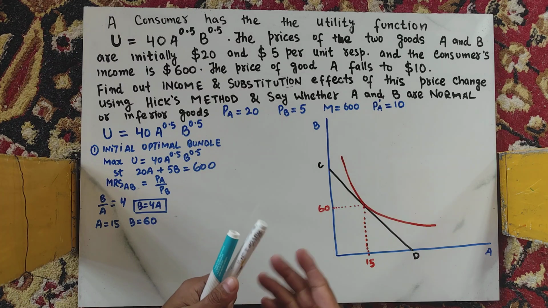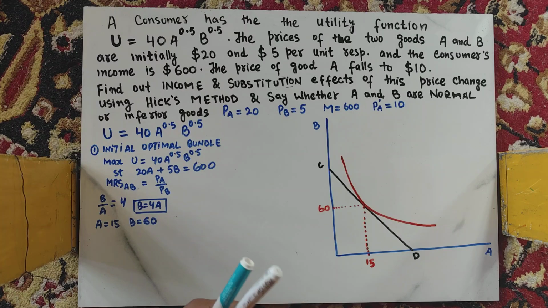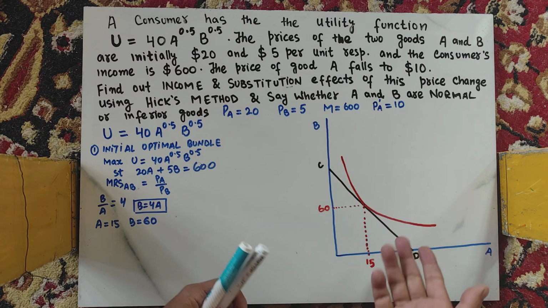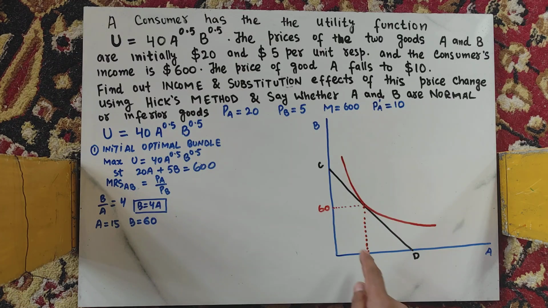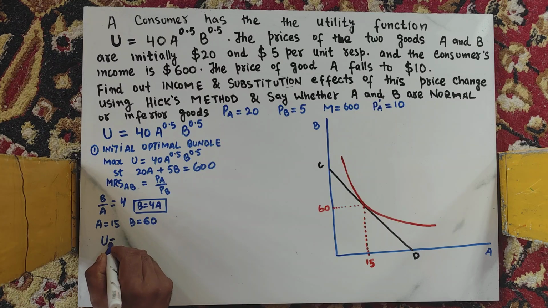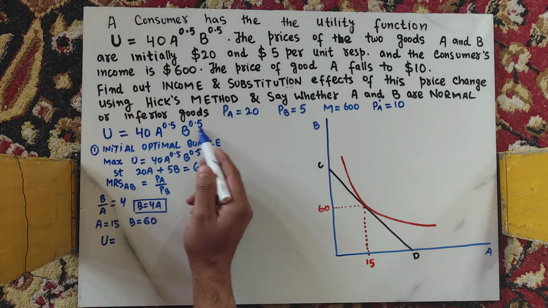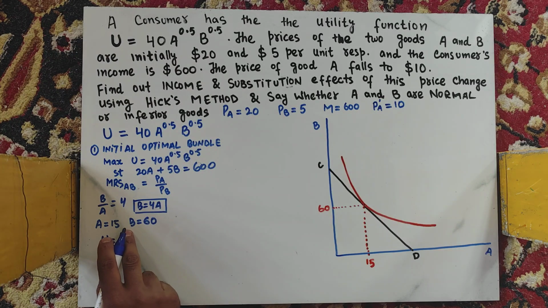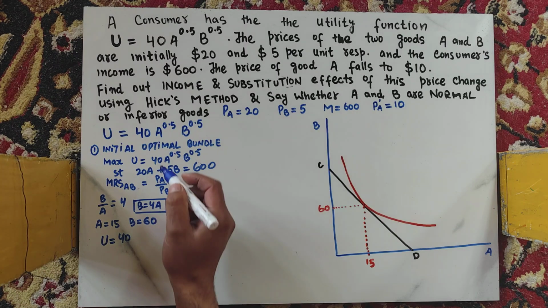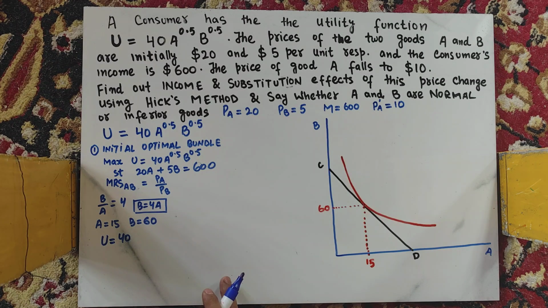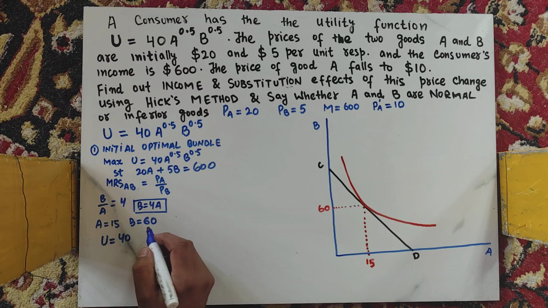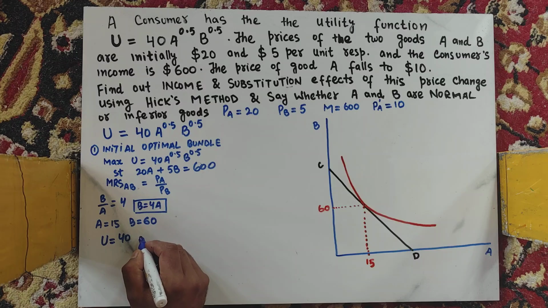Next, we need to find out the new optimal bundle, and we also need to find out the total utility derived by consuming good A and good B here. So let us find out the utility also here. Now what will be the utility? Utility will be equal to, plug 15 and 60 in this equation, so we have 40 times A raised to the power 0.5, and B raised to the power 0.5.